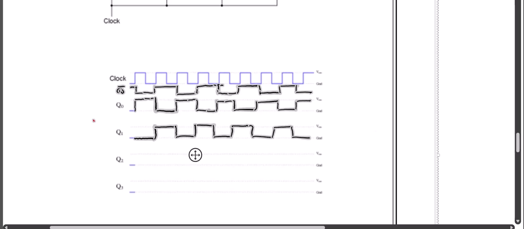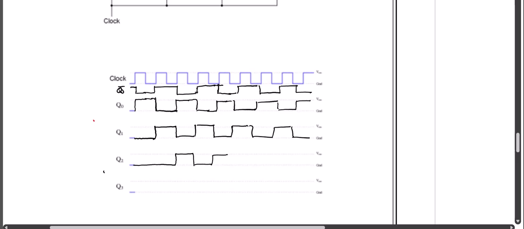Q2 is going to be delayed by yet another clock cycle. And Q3 is going to be delayed by yet another clock cycle.